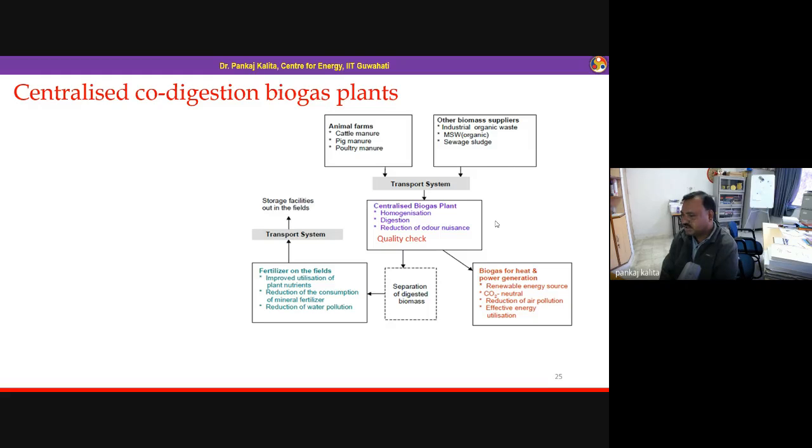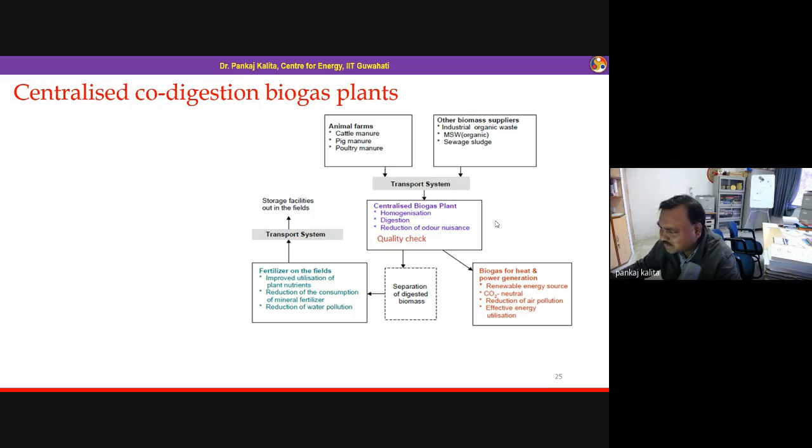That has to be transported to this unit, and then we will have a centralized biogas plant where homogenization will be done, then digestion, then reduction of odor and nuisance, and then product quality will be checked.